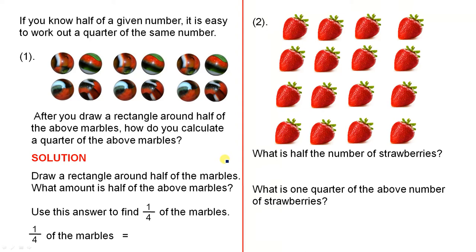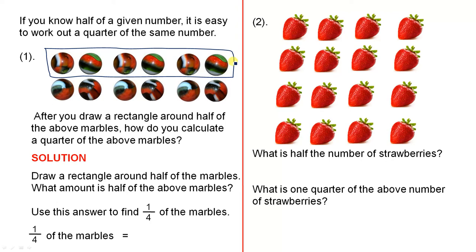Solution. Draw a rectangle around half of the marbles. Now you can see here that we have 12 marbles. So if we're going to draw a rectangle around half of them, we are confidently going to do this. See that? So here we have a rectangle drawn around half of the marbles.